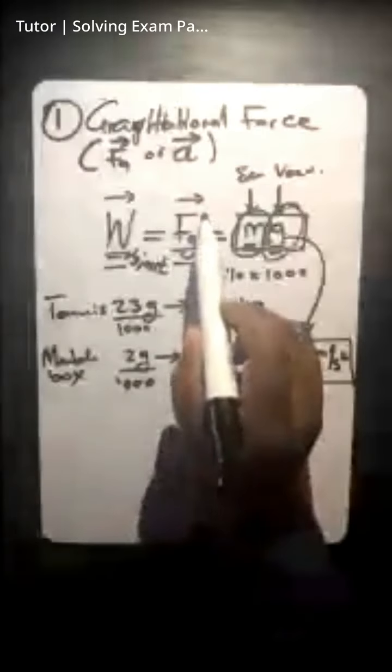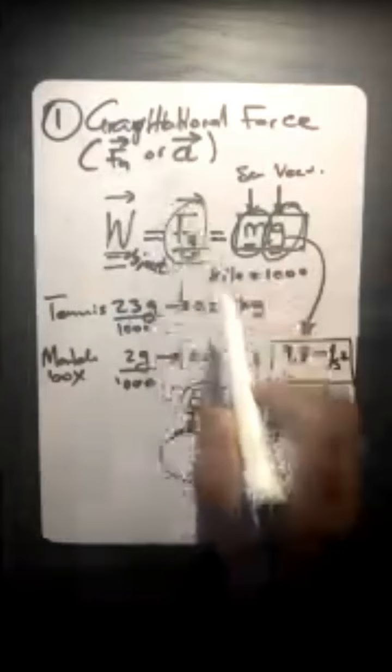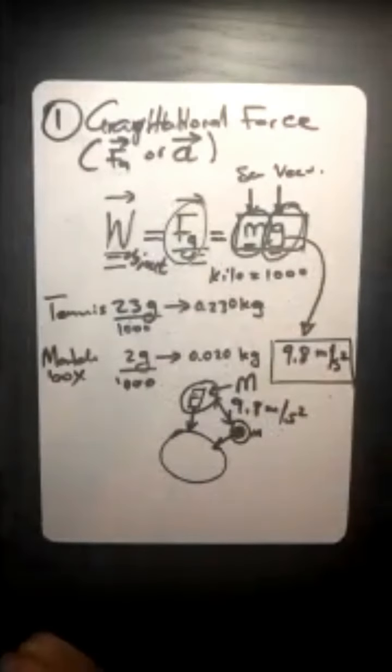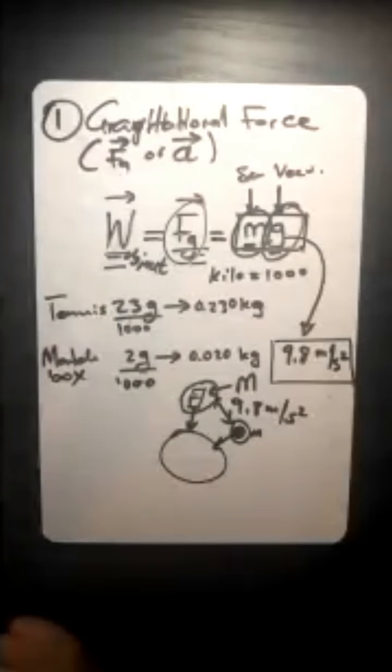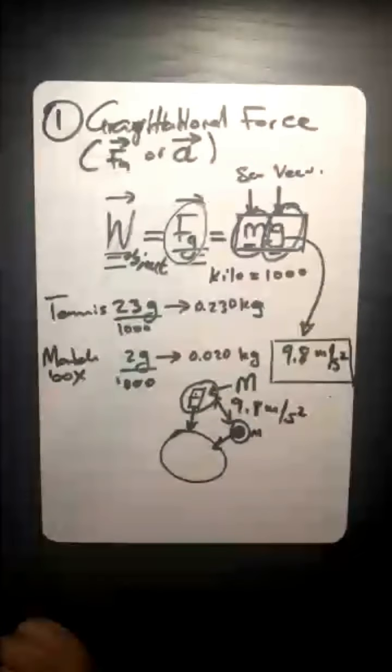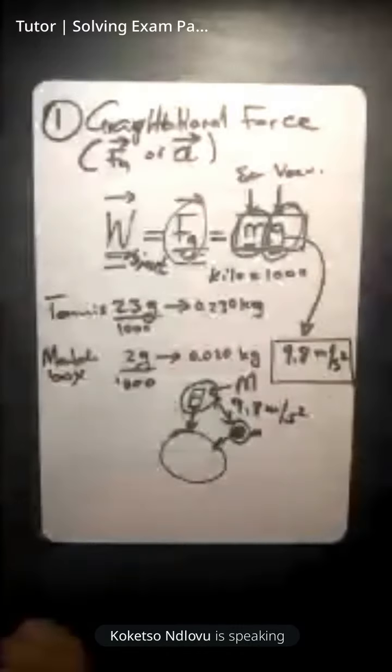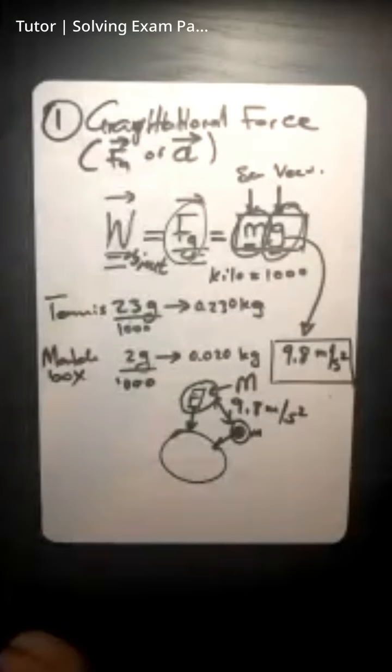So here comes a question. Between the fridge and the tennis ball, which one has got more force of gravity and why? The fridge. Why?